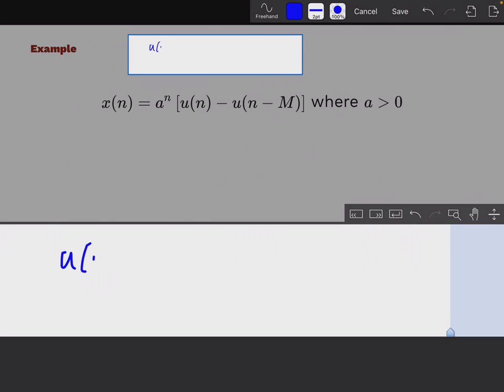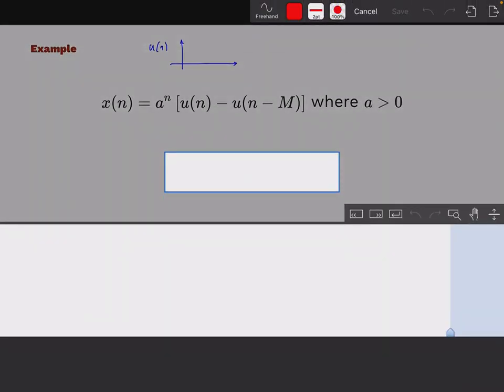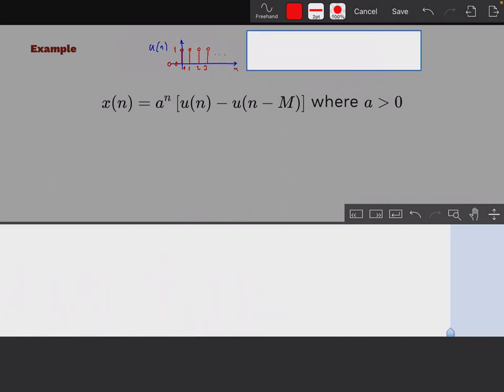So u of n looks like this. So it's all zeros up until n equals to 0, and after that it's all ones. So this is 0, 1, 2, 3, and this is 1. So this is n. And let's have a look at the time-shifted version of this. We shift it by m samples.